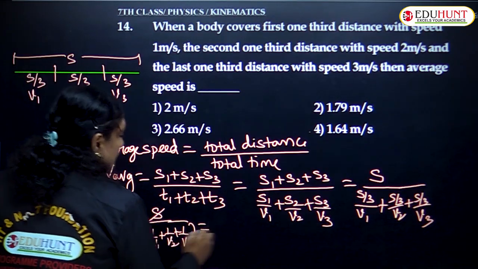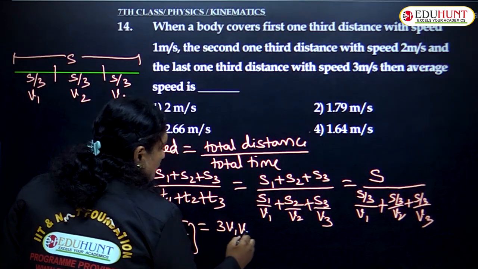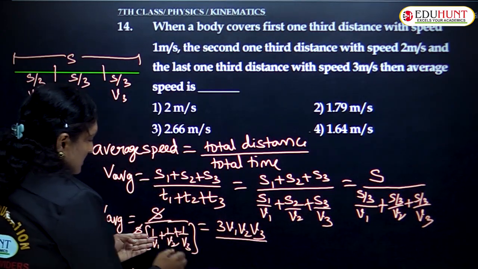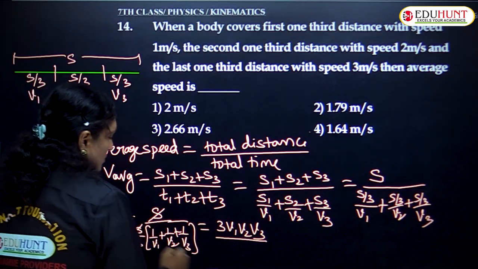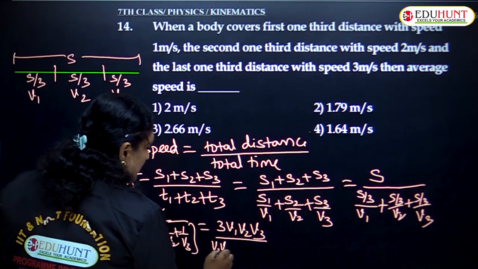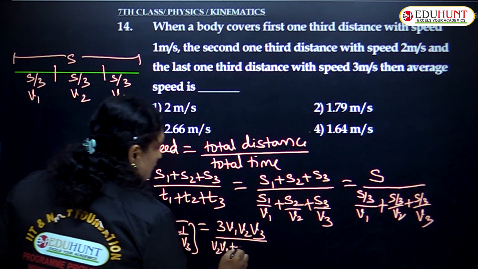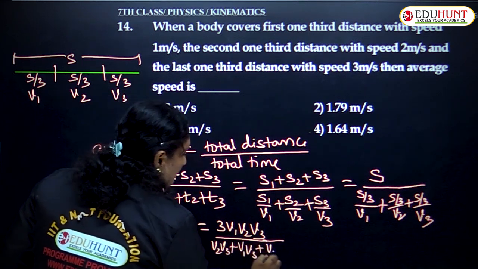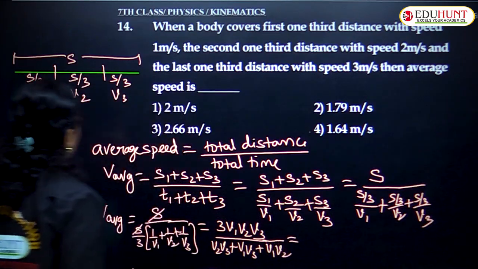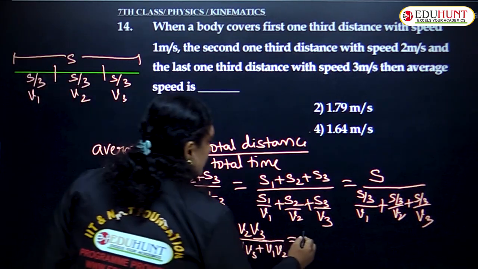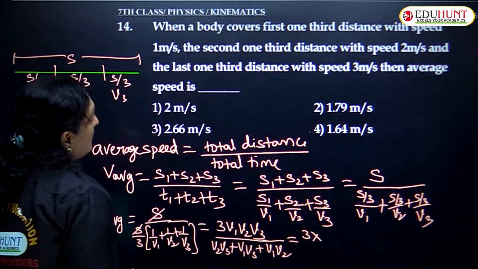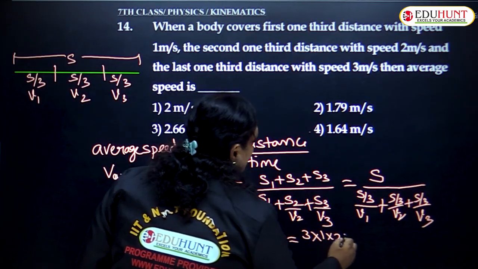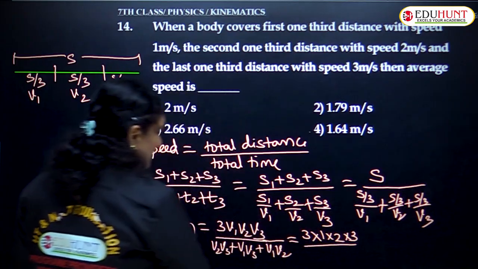So, this will become 3 V1 V2 V3 upwards whole upon, in this LCM the numerator is V2 V3 plus V1 V3 plus the last is V1 V2. Now substituting the values, 3 times of what is V1, V2, V3? V1 was given as 1 meter per second, V2 as 2 meter per second and V3 as 3 meter per second.